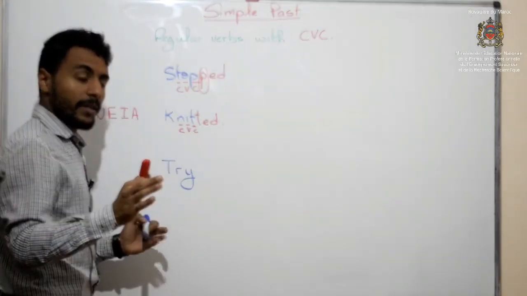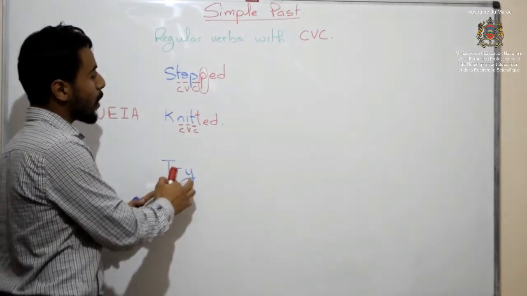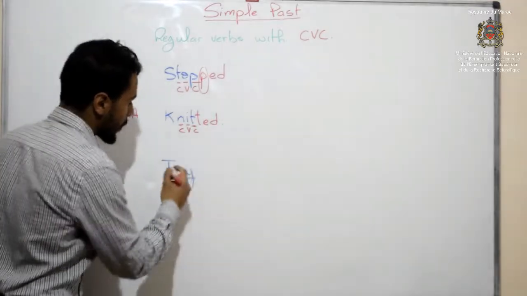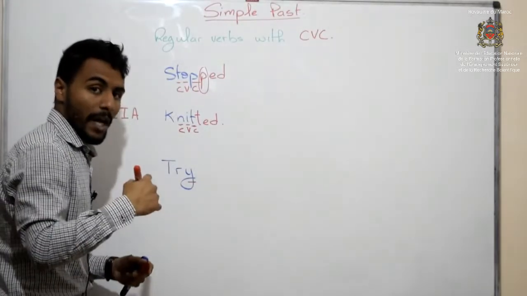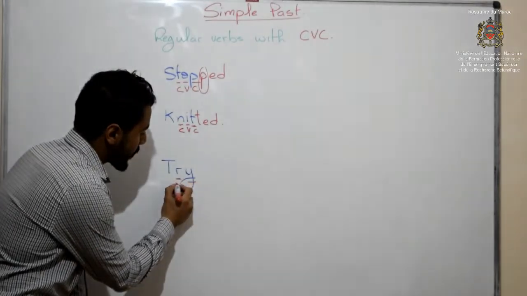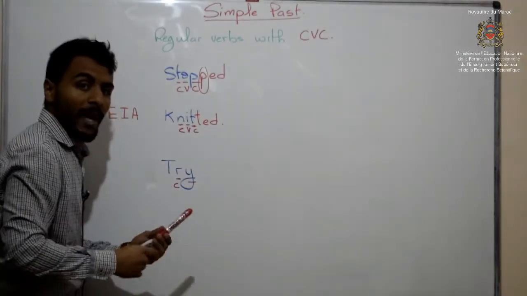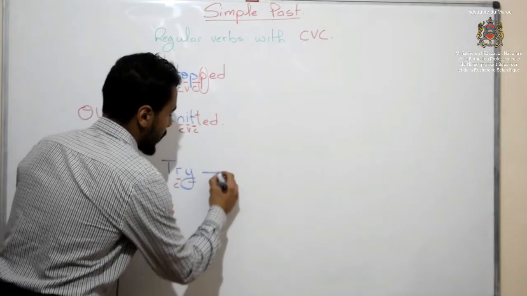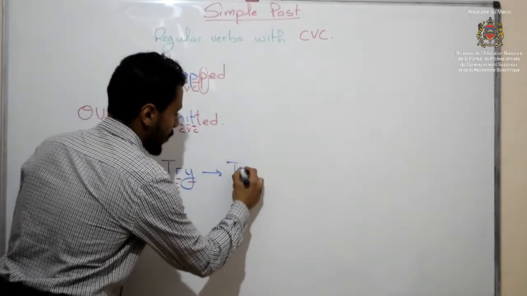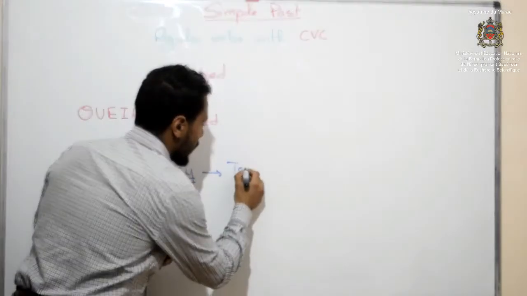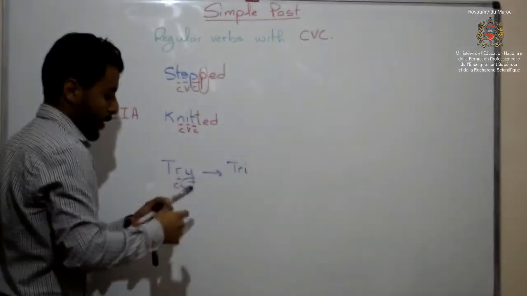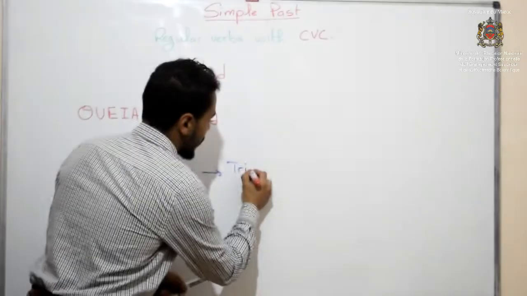Another rule is with verbs that end in Y, and they are regular verbs like try. There is a Y, but before the Y, there is a consonant. So what we have to do is change the Y into I, and then we can add ed.